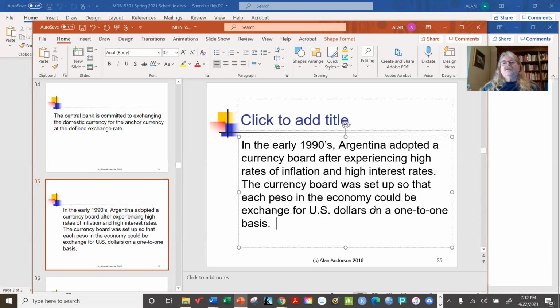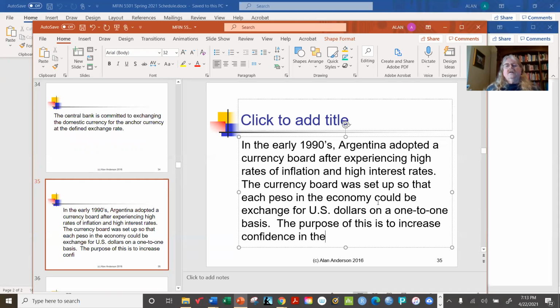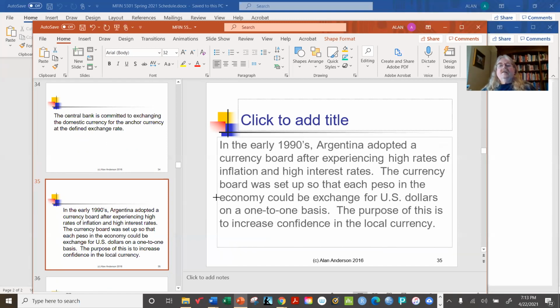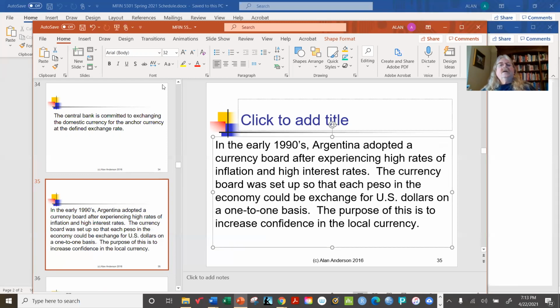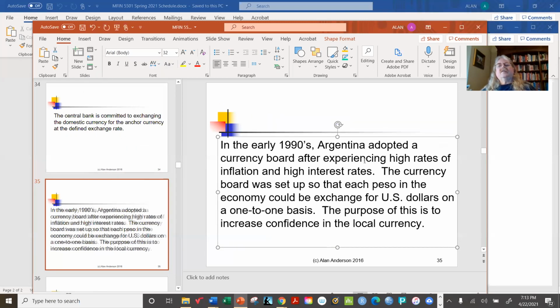So in other words, if you lived in Argentina at this time, any peso that you had in your pocket, you could take it over to the central bank and they would give you $1 for each peso that you held. And so the purpose of this is to increase confidence in the local currency, because this way everybody knows that, well, pesos are not the best currency in the world, but at least I'm guaranteed that I can trade them for dollars.